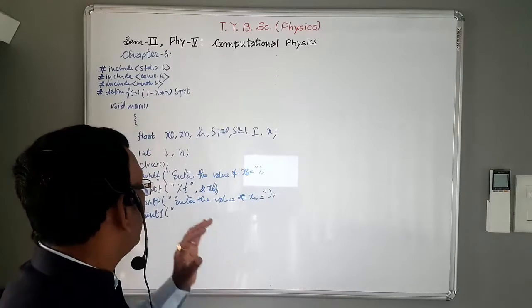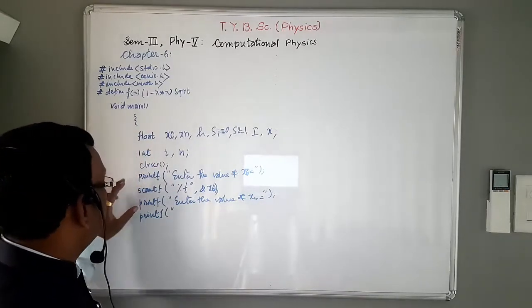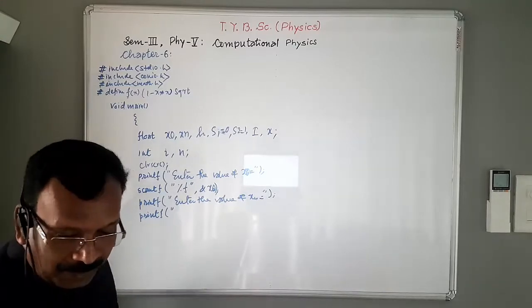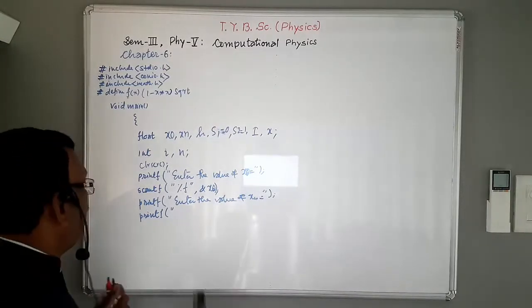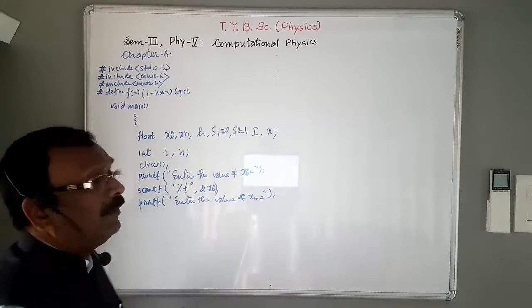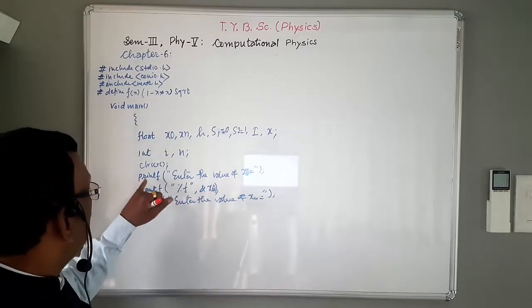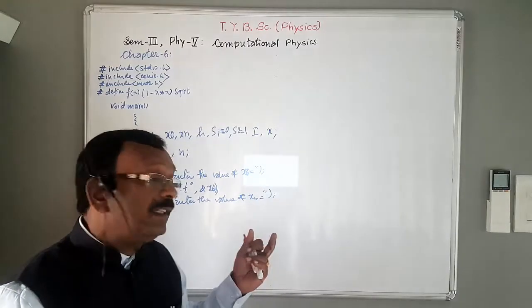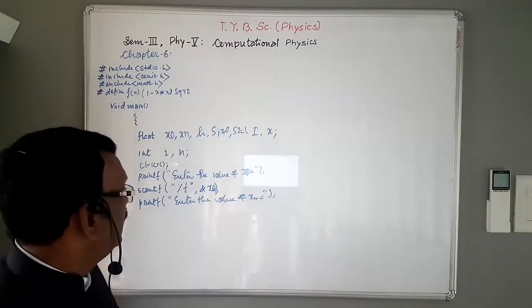These values are entered and scanned by the computer by using these functions. First, we enter the value of x0. For that purpose this printf function is used. That value should be scanned or read by the computer. For that purpose this scanf function is used.